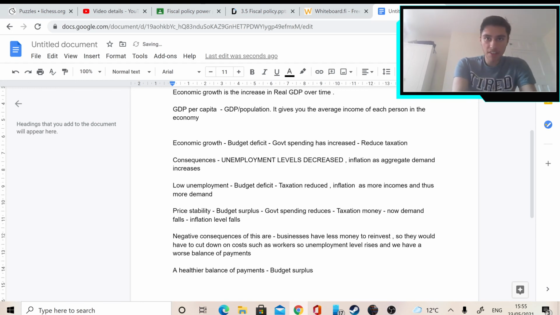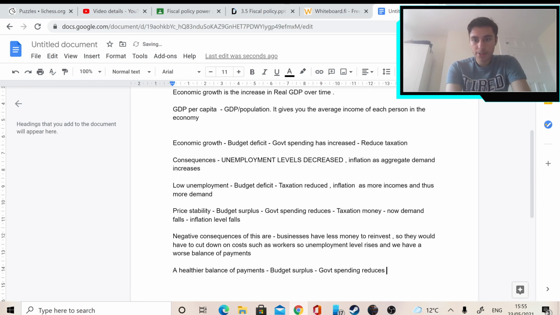The government wants to have more money so that they can have a healthier balance of payments relative to other countries, and so government spending reduces and they increase the tax. Now consumers have less disposable income.